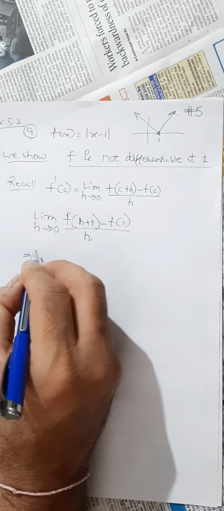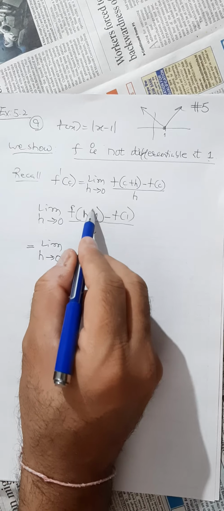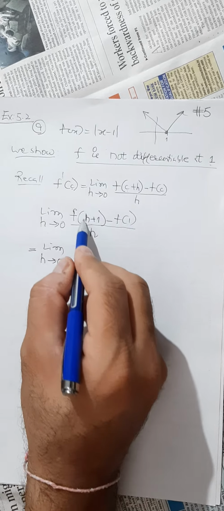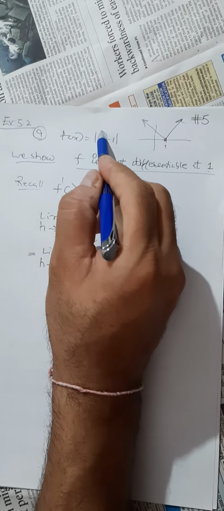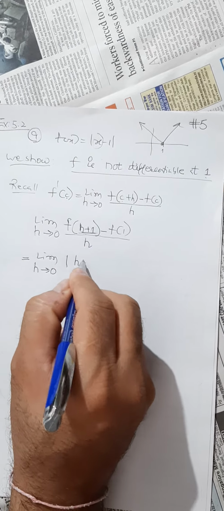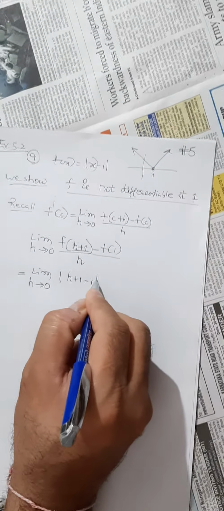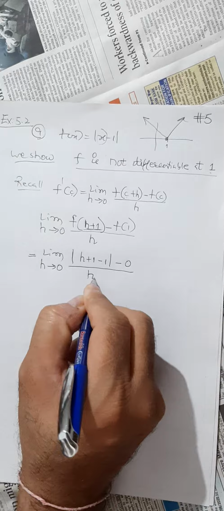So this is equal to limit h tends to 0. What is f of h plus 1? You recall again, in the formula of the function, instead of x you are going to write h plus 1. So modulus h plus 1 minus 1. What is f of 1? It is 0, upon h.